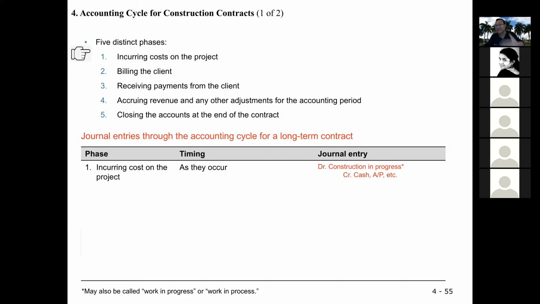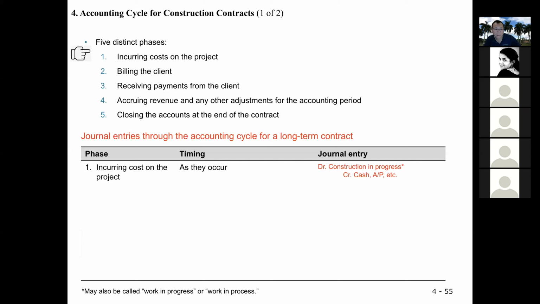So here we use an account called construction in progress. So you debit construction in progress. This is the asset you are creating. So you debit this, and then the cost either is cash or is AP, right? Now, what's your journal entry for billing the client?